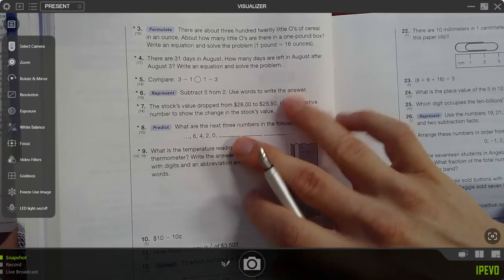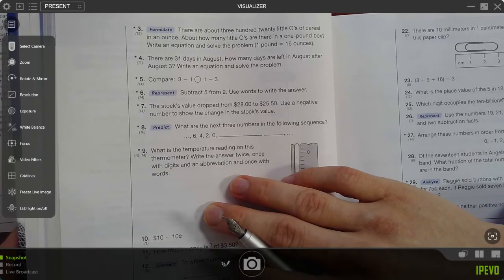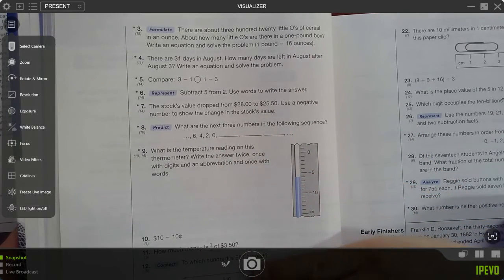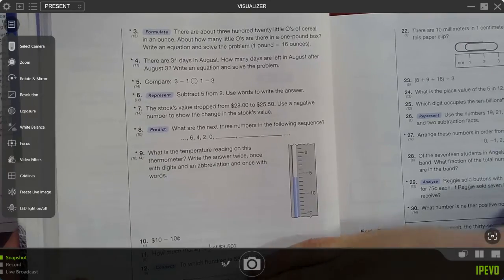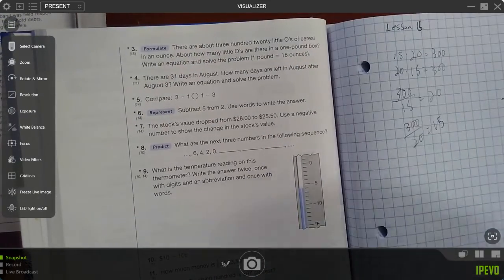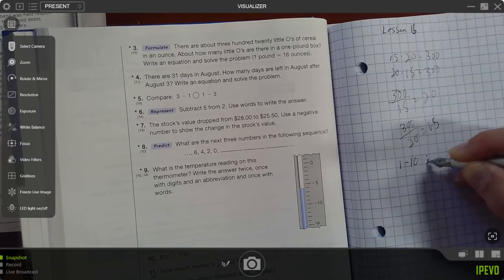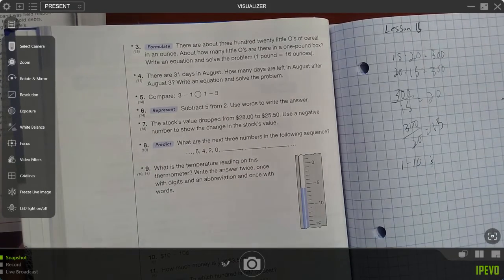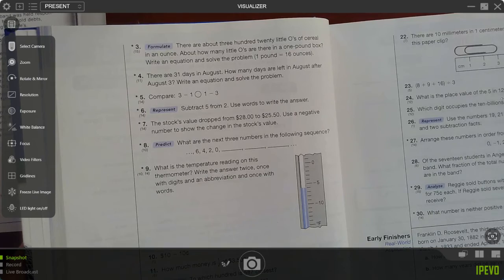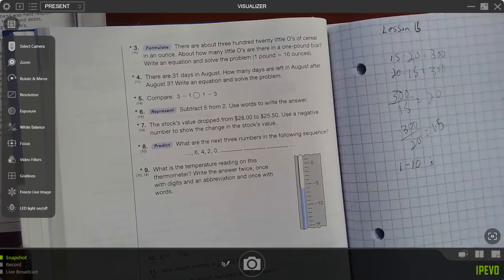Negative numbers, we're still getting used to those. Yeah, let's go ahead and do 1 through 10. And then we'll go ahead and do 15 through 29 odd.